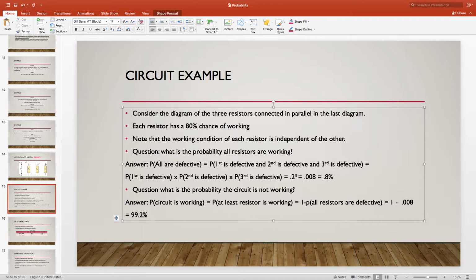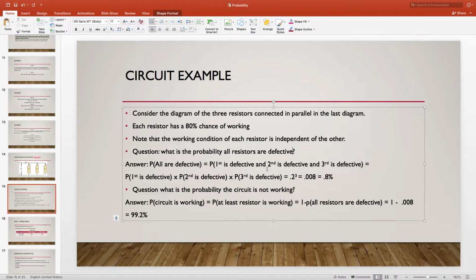And the question is, what's the probability all resistors are not working, but defective, so I apologize. Okay, so what's the probability all resistors are defective?